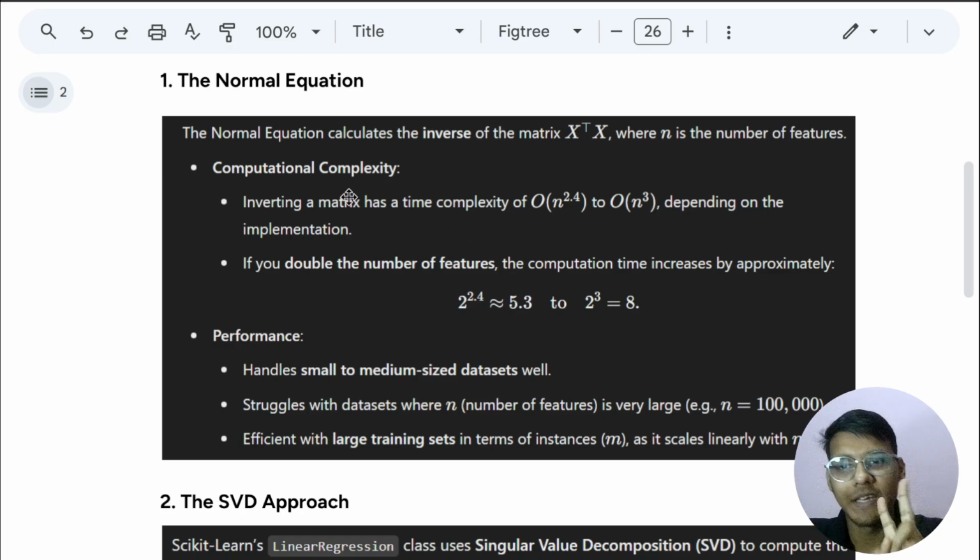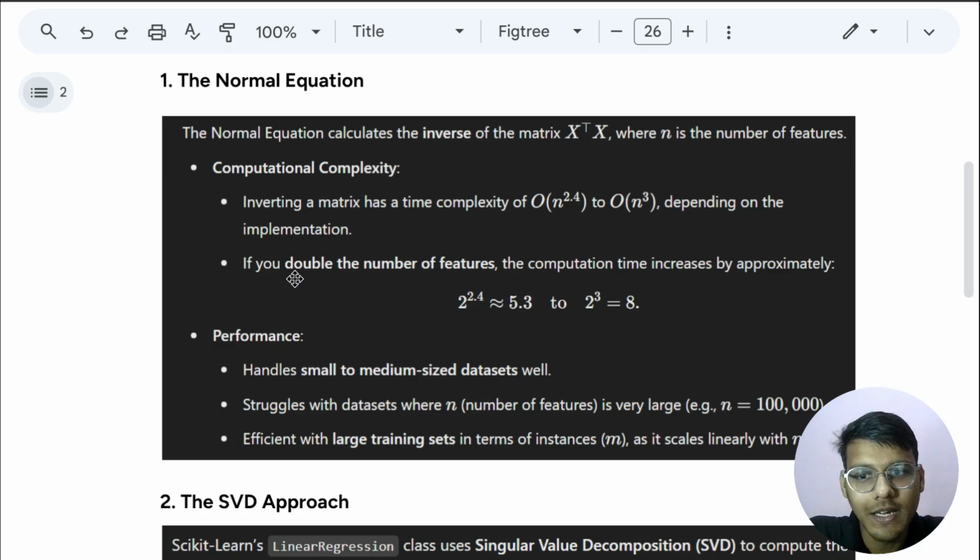So there are two main methods we have right now: one is the normal equation, one is the SVD. In the normal equation, it takes the inverse of the matrix, and inverting a matrix has a time complexity of n to the power 2.4 to n to the power 3.